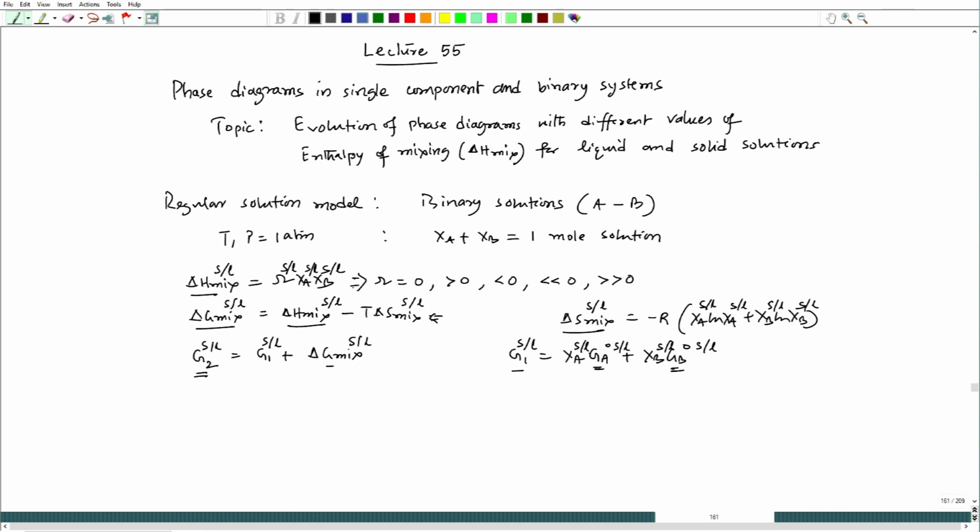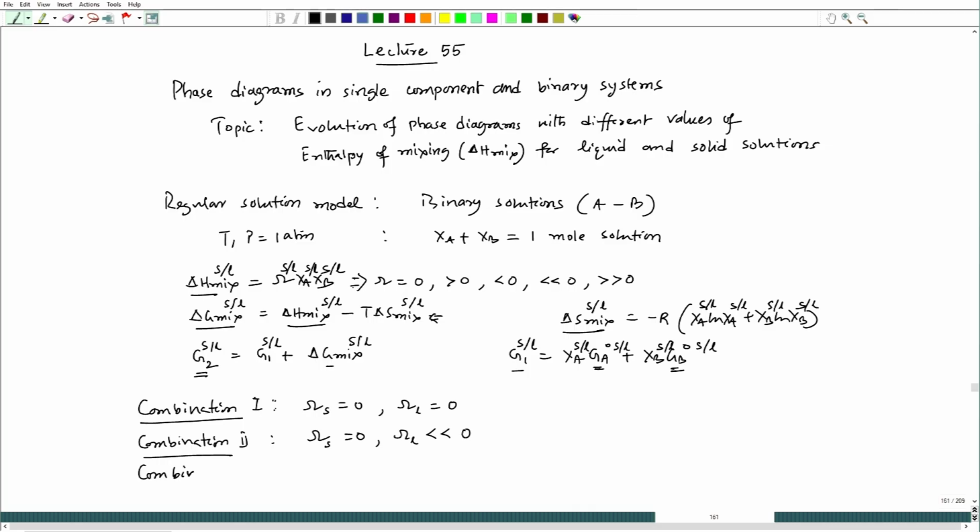Once we know this, we can have several combinations. What are the combinations? Combination 1, we can have omega for solid equal to 0, omega for liquid equal to 0. Combination 2, omega solid could be 0, but omega liquid could be highly negative.